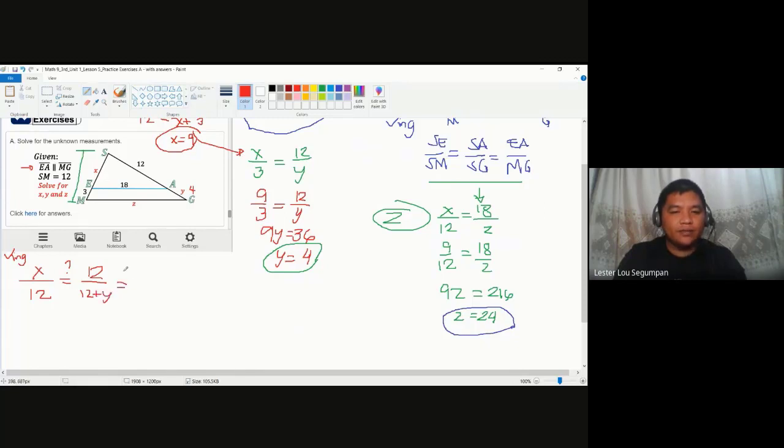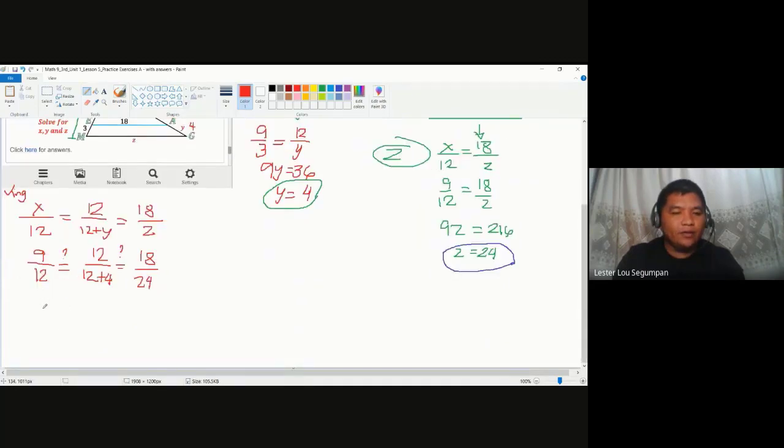Let's remove the question mark first because we have not substituted anything yet. And then EA, which is 18, over z. So x is 9 over 12. This is the time we will use the question mark. 12 over 12 plus 4, question mark, 18 over z, which is 24.